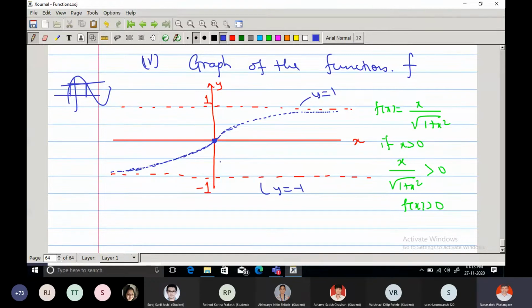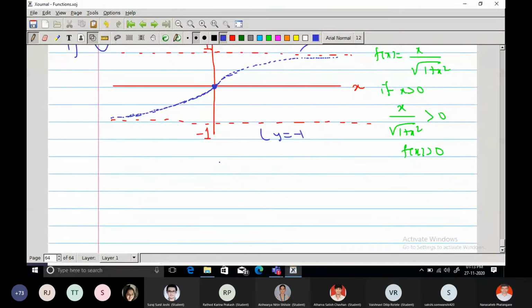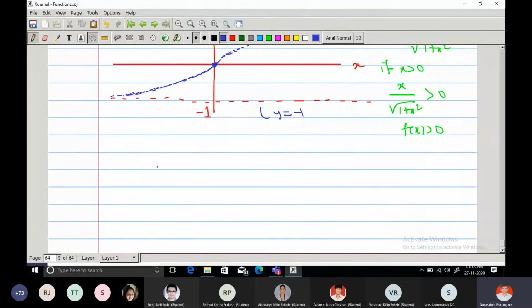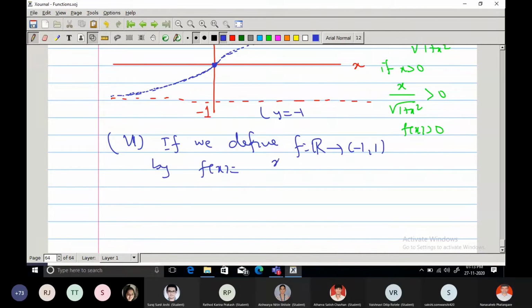And therefore, if we define f from R to -1 to 1, so I will just restrict my codomain to be -1 to 1, by f of x equal to x upon square root of 1 plus x square, then already this function is 1-1. Then what can you say about this function?